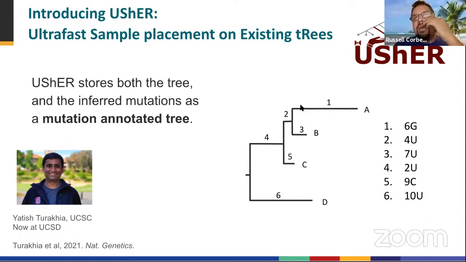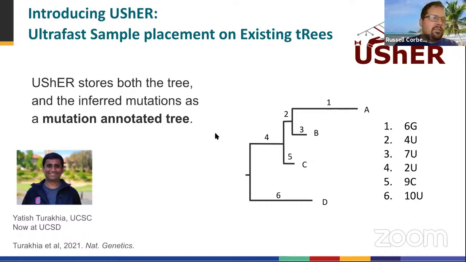What I've done now is I've labeled each of the internal branches on the tree with a number, 1, 2, 3, 4, 5, 6. And what you have on the other side here, the rest of my mutation annotated tree file, is the mutations that occur on each of those branches. So branch 1 here has mutation 6G on it. Branch 2 has 4U, 3, 7U, etc. Right? So each of these is annotated with the set of mutations that occurred on that branch.